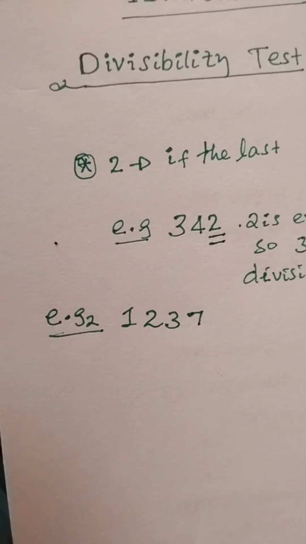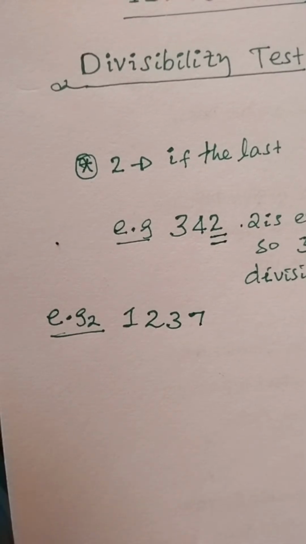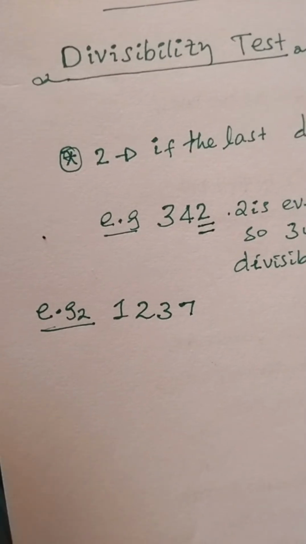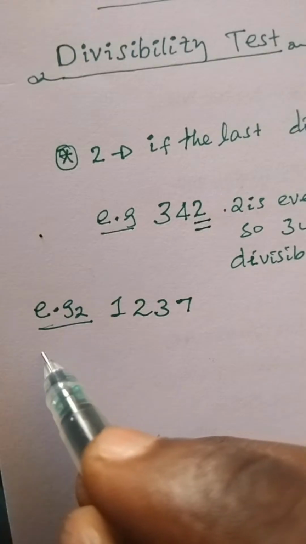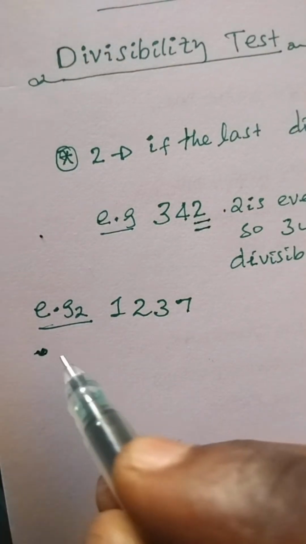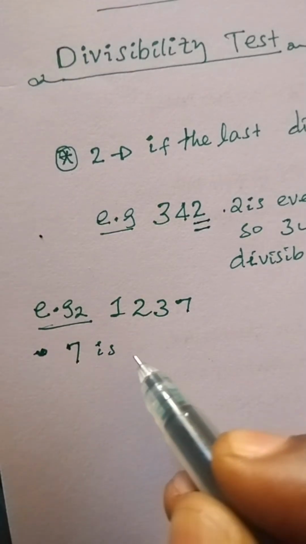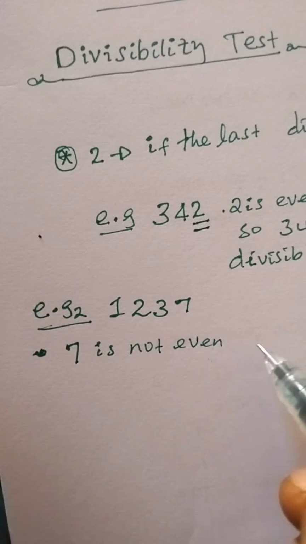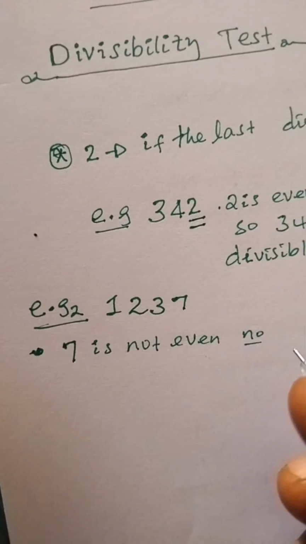We check the last unit, or the last digit. The last digit is 7, which is not an even number.